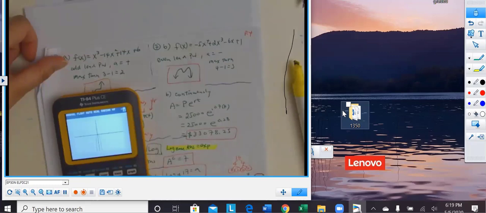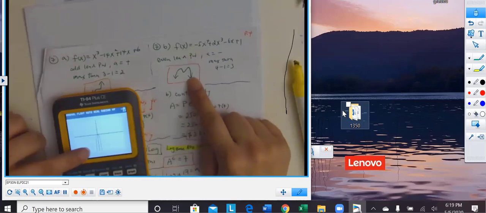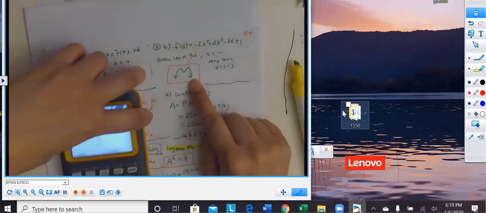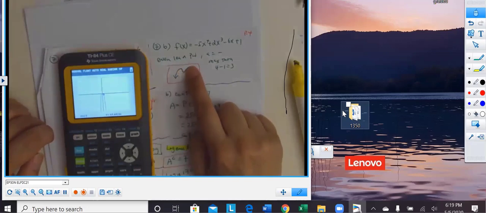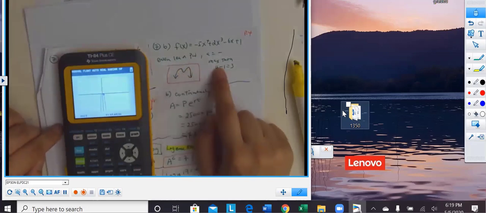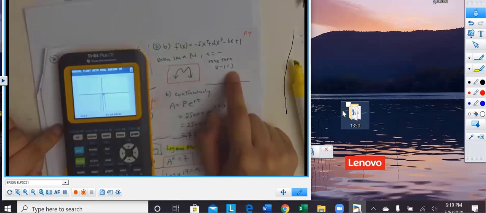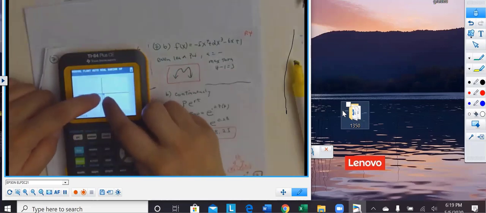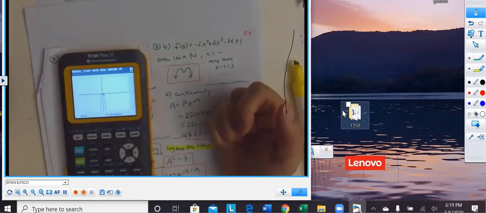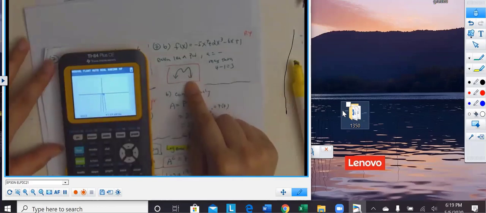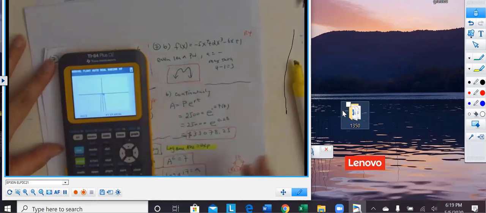It's thinking. So you see like this, it has the end behavior correct, but it doesn't have very obvious turns, right? Because they say maximum turn. So maximum can be 3, but it could be less than that. But the end behavior would be both sides down. So your calculator will probably tell you better than what you think it's supposed to be, but that's how it works.